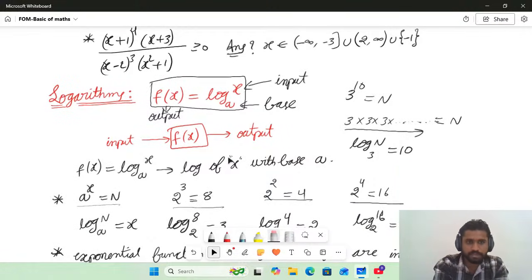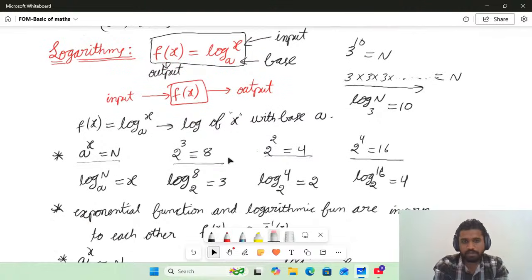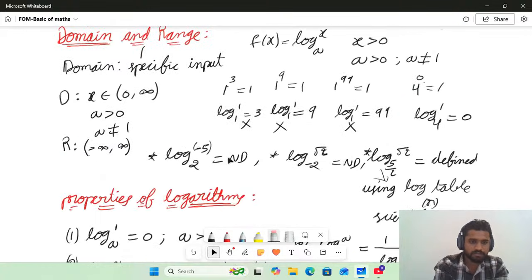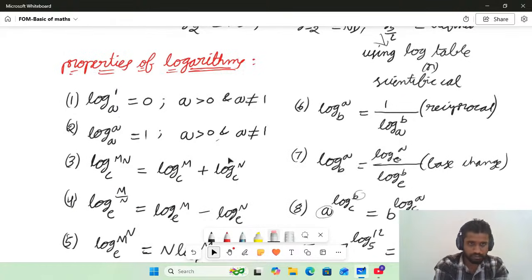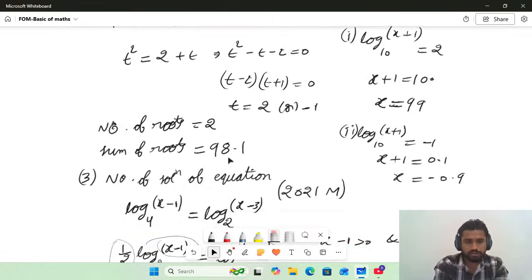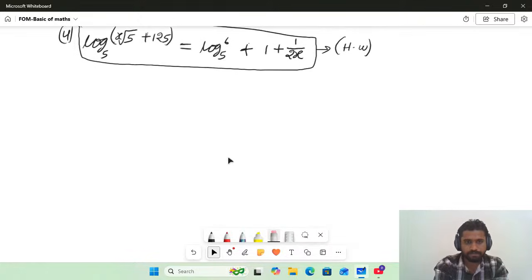In basic maths lecture 3, we started logarithms. What is the logarithm definition, and what is the input and output of a logarithm? Next, domain and range of a logarithm also we have seen, and properties of logarithms, and equations of log also we have seen here.